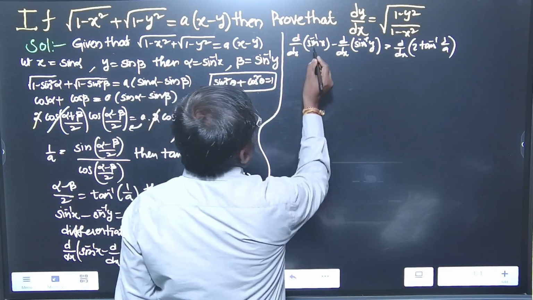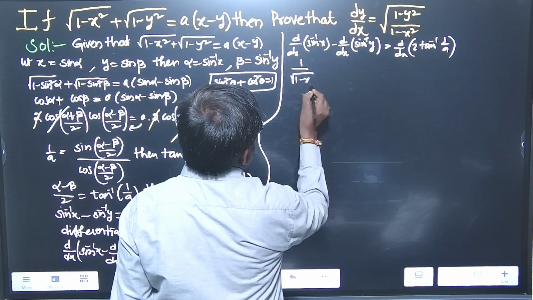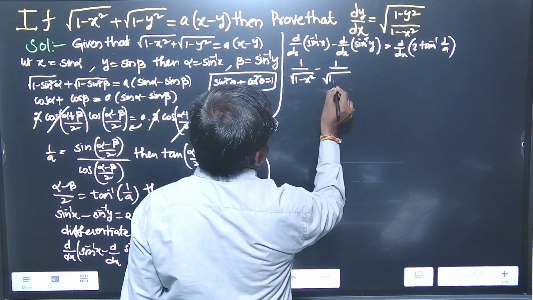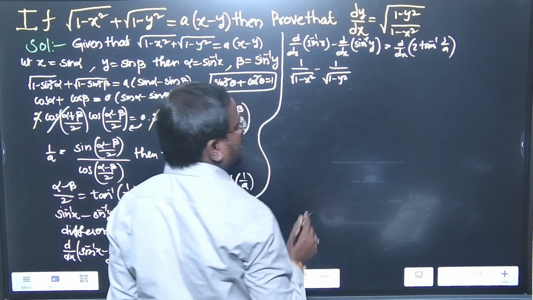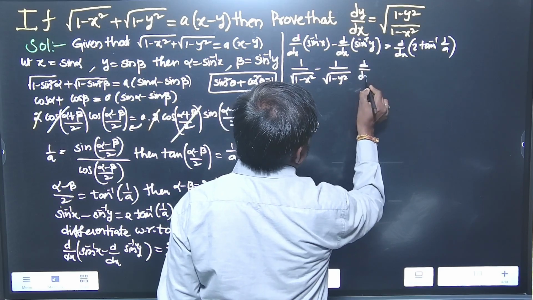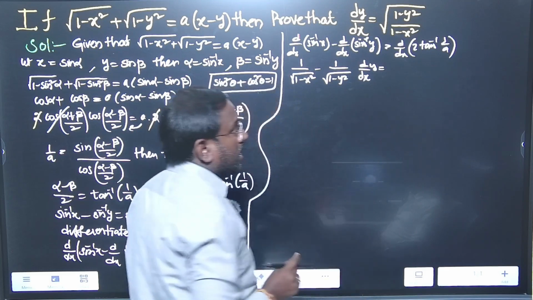So, student, the derivative of sin inverse by the basic formula is 1 by root over 1 minus x square, minus the second function derivative, 1 by root over 1 minus y square. Already we discussed: the inner function is y, so we get the derivative of the inner function, d by dx of y. I hope you understand.